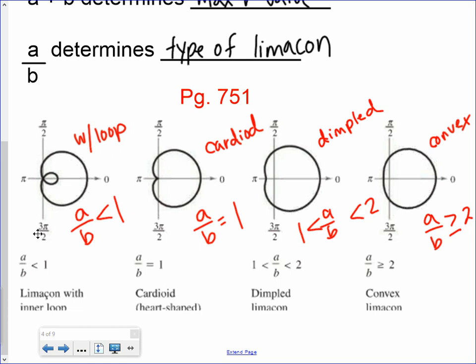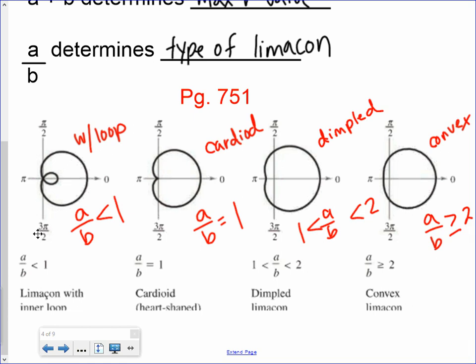In polar graphs, our zeros are only at the pole. So I'm actually going to start over here on the right with this convex shape. Notice that there is the intersection for the horizontal and the vertical axis, which would be identified as our pole, and a convex limacon will never cross the pole, so it has no zeros.